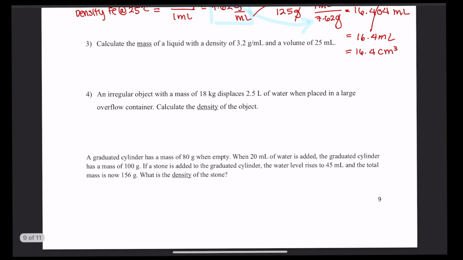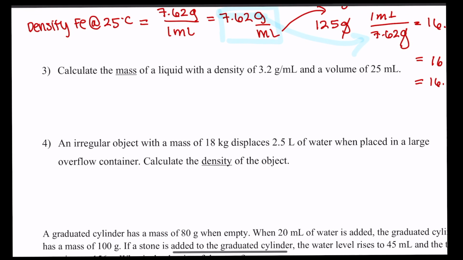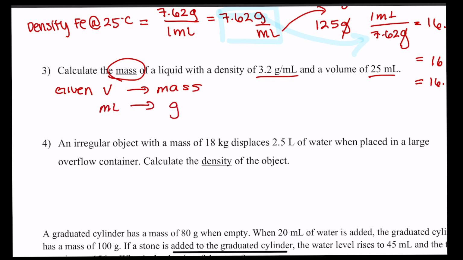Now, question number 3 is saying calculate the mass of a liquor with the density of 3.2 grams over milliliter, and the volume is 25 milliliters. So we're given the volume and we need the mass. And the units for these are milliliters to grams.